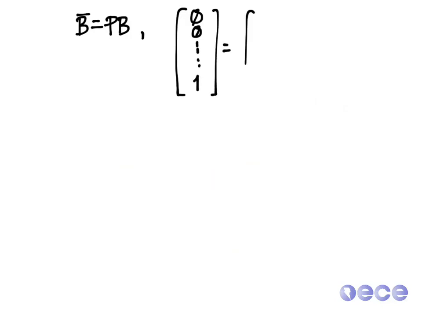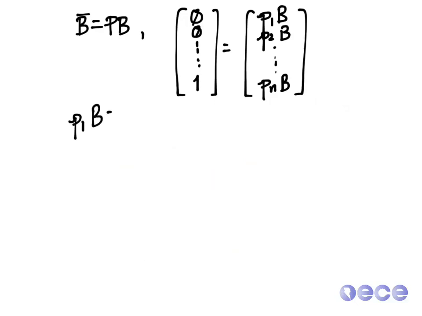And this is equal to P1 times B, P2 times B, until we get to Pn times B. So here we have P1B equals 0, P2B is equal to 0, but we know that P2 is equal to P1 times A, and we know that from the previous page.